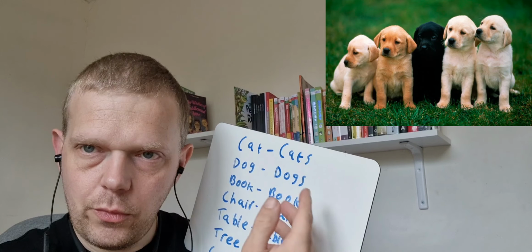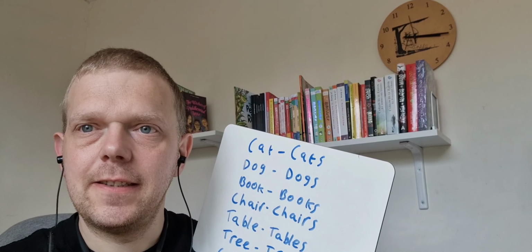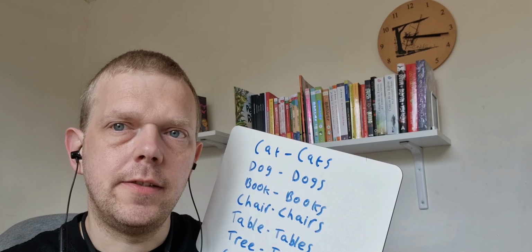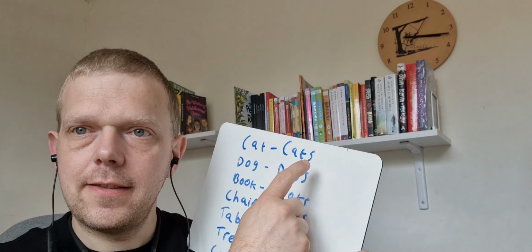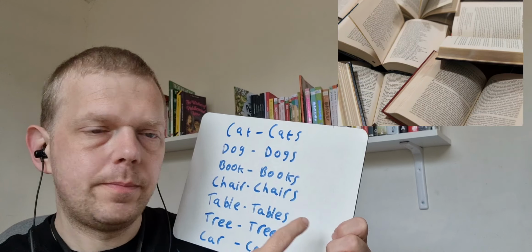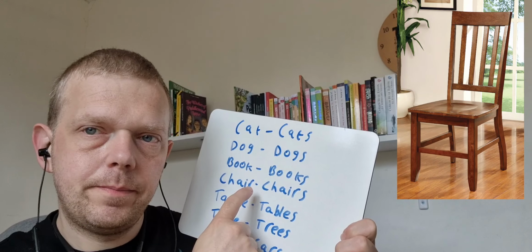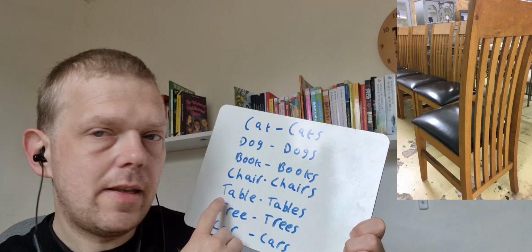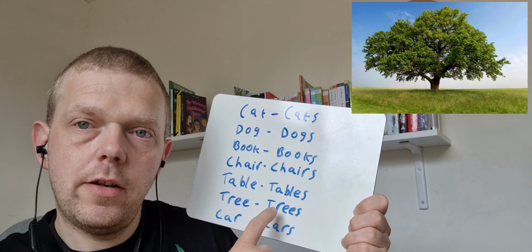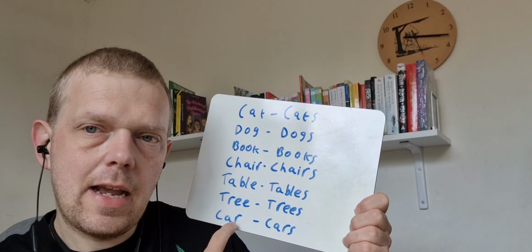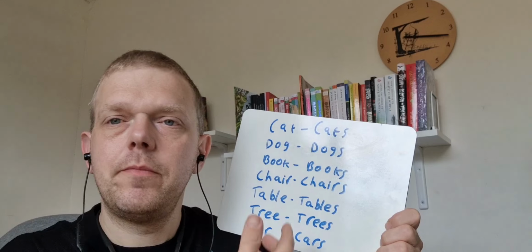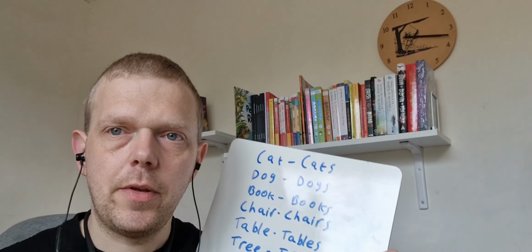The S at the end of the word sometimes sounds like an S sound, and sometimes it's a Z sound. So cats, dogs. Book, books. Chair, chairs. Table, tables. Tree, trees. Car, cars. So it's relatively straightforward. You just add an S to the end of the word.